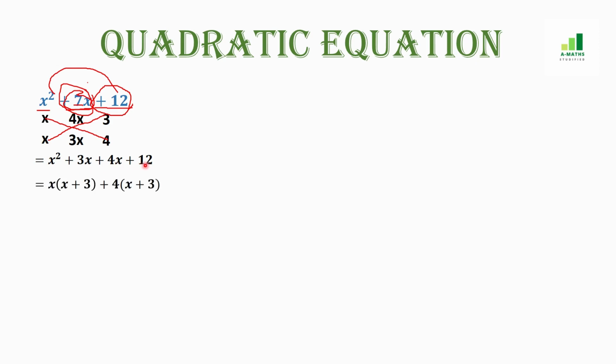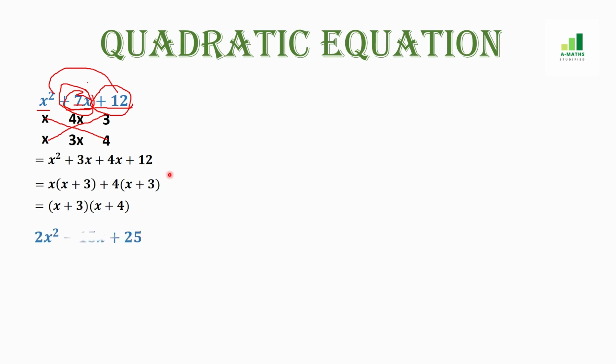So now I will take x common from the first group, then x plus 3 will be the remainder. Now I will take 4 common from this group, then x plus 3 will be the remainder. Now I will take x plus 3 common from this expression, then x plus 4 will be the remainder. The factors for this equation are x plus 3 and x plus 4.